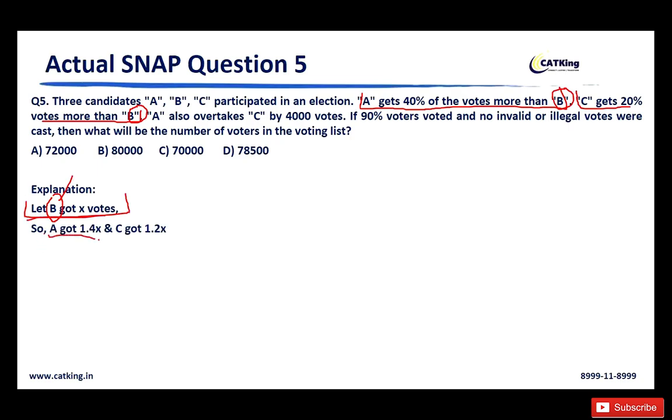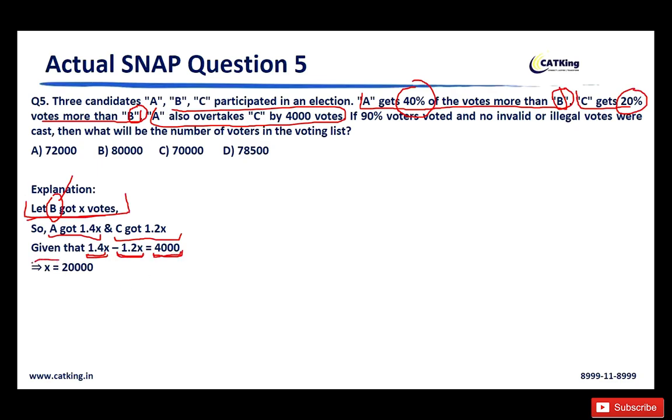So A will get 1.4x because A gets 40% of the votes more than B. Similarly, C will be 1.2x, that is C gets 20% more votes than B. Moving on, we have A also overtakes C by 4,000 votes, that is A is 1.4x, overtakes will be minus, and C is 1.2x by 4,000 votes, that is 1.4x minus 1.2x is equal to 4,000.